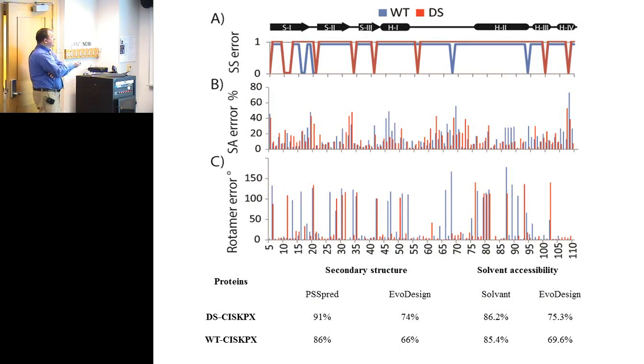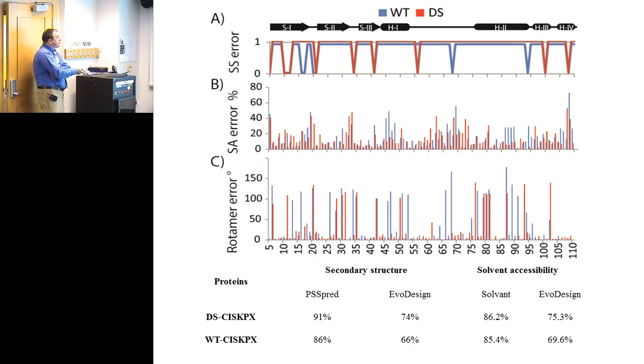Up here we have a secondary structure given by Yang's PSSpred, and in blue is the wild-type protein, where 1 is a perfect match and 0 is an error. And then in red we have the design sequence. It works out that the accuracy by PSSpred for the design simulation is 91%, and for wild type is 86%. If we go back and reanalyze this by EvoDesign, the difference is definitely skewed.